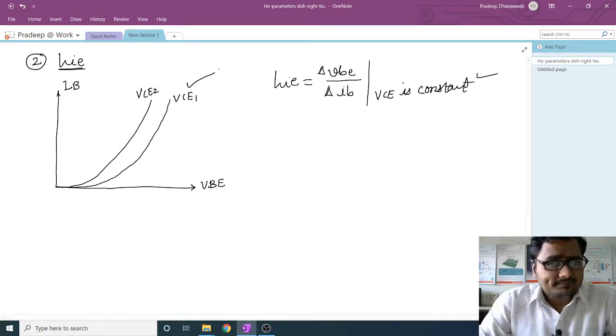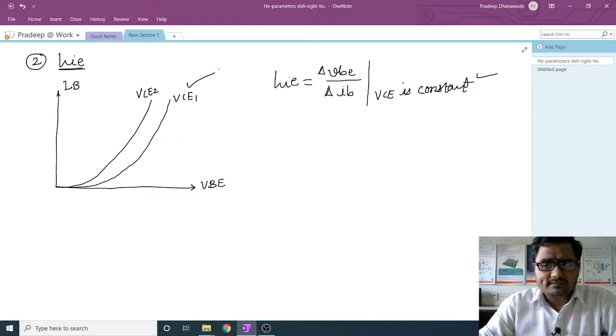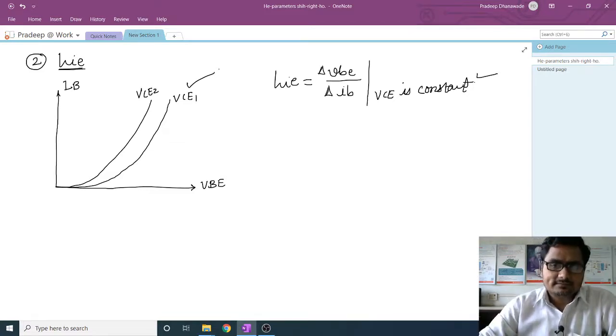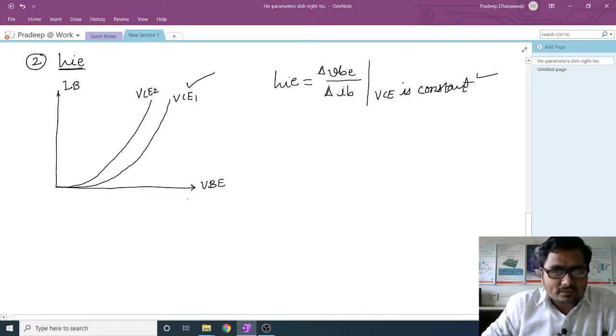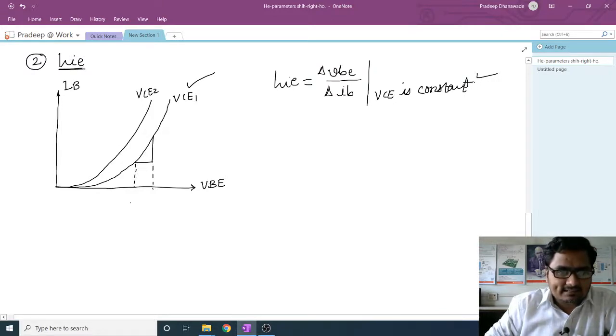Now VCE is constant for the complete graph. Now what is change in VBE and change in IB? Isn't it so simple? I just need to find out the slope. Look at this. This is my change in VBE, delta VBE.